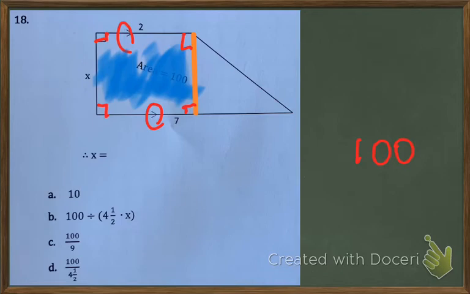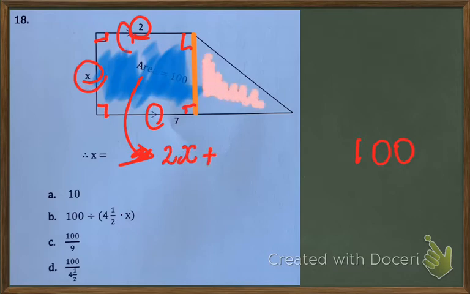All right, now on the left, as you can see, we have a rectangle with 90 degrees. One dimension is x, the other dimension is 2, and therefore the area of this rectangle would be 2 times x, that is length times width, plus on the right we have a triangle.